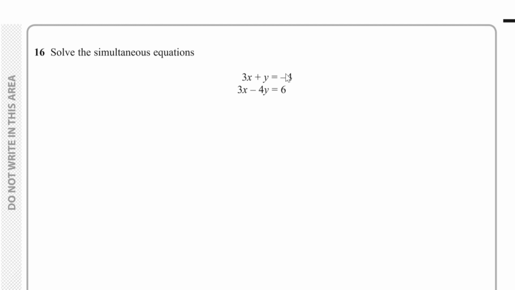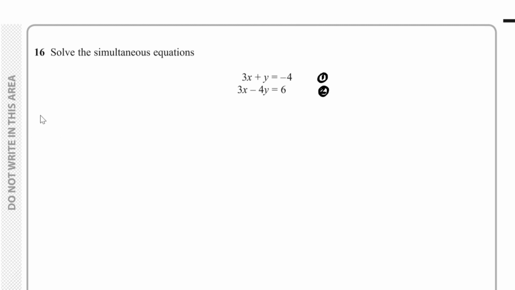Question number 16, we have to solve the simultaneous equations 3x plus y equals -4 and 3x minus 4y equals 6. Well, if I call this first equation 1 and this second equation 2, what we can do is subtract the equations. We've got the same number of x's with the same sign.